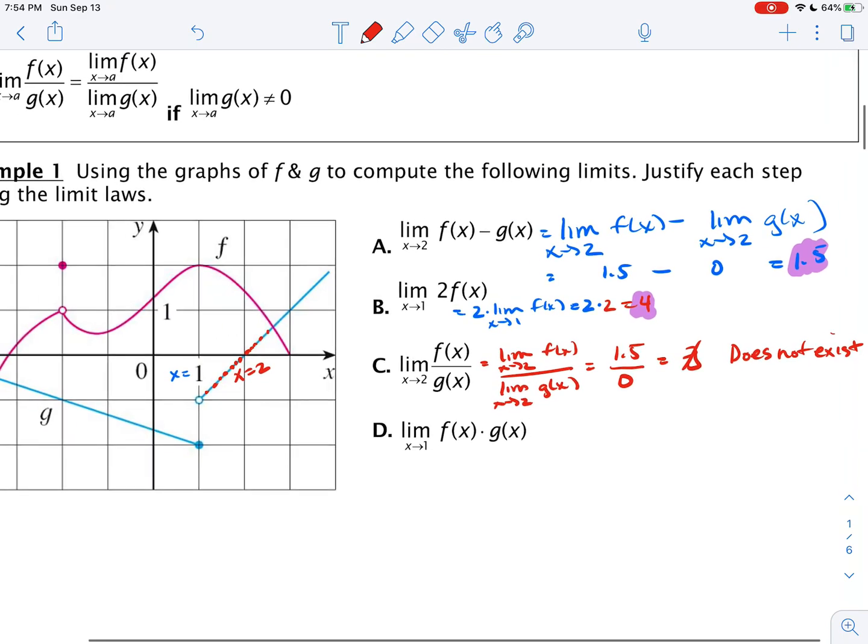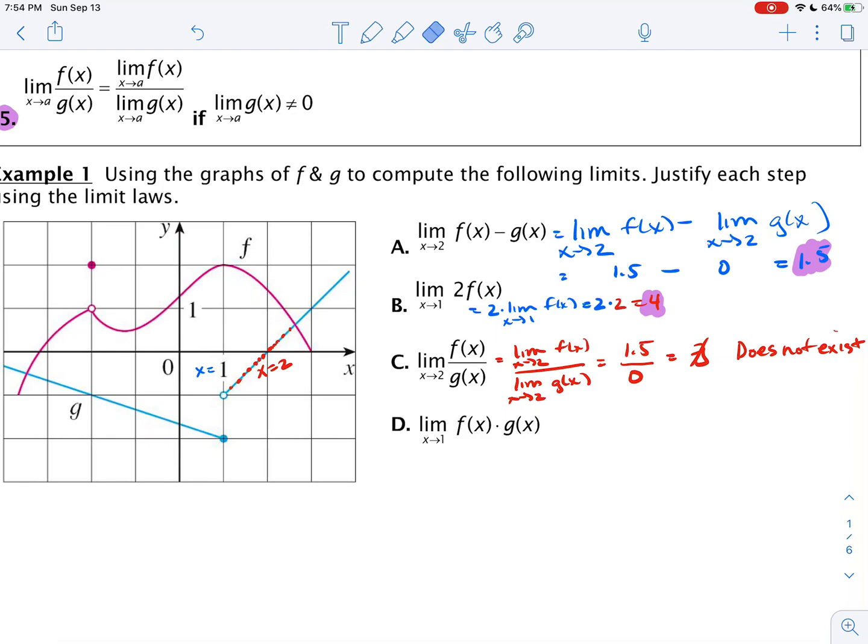So that's the type of analysis that you will have to make in limits of quotients. All three of those values, does not exist, negative infinity, and positive infinity, are not limits.